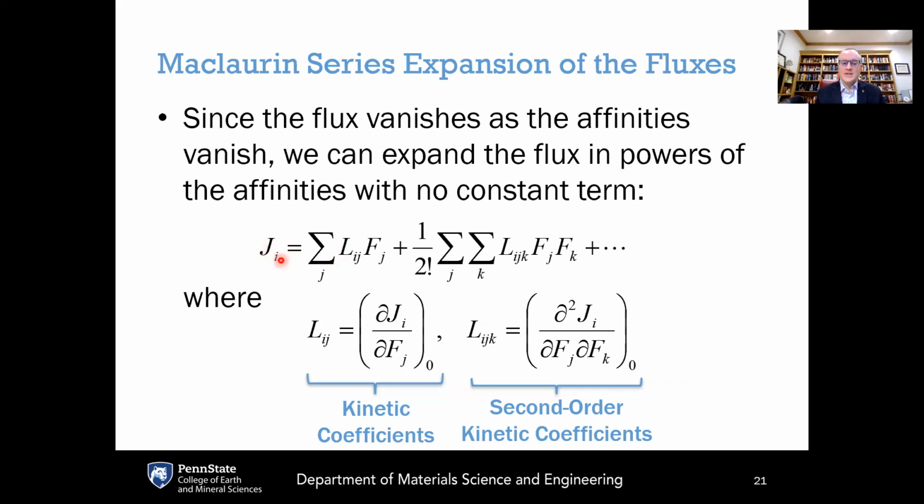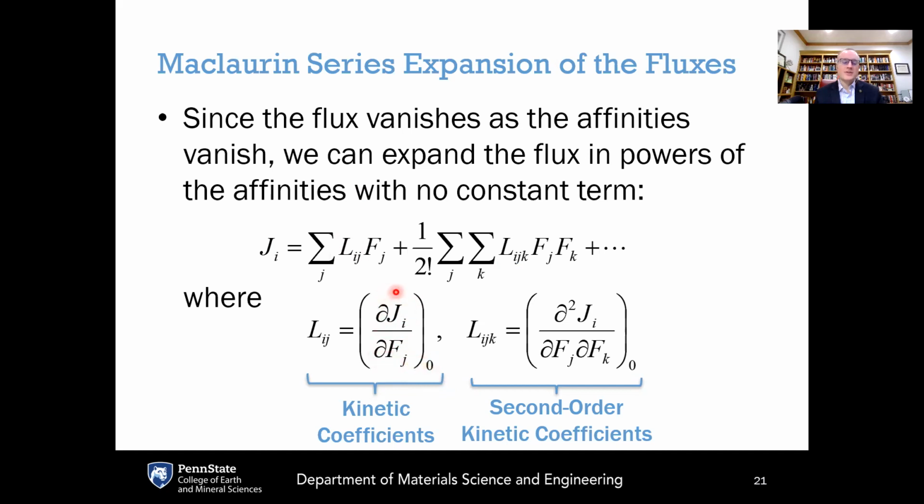So we've got J sub i, the flux of thermodynamic parameter I, and it could depend on either its own affinity I, as well as depend on the other affinities that are also acting in the system. So we sum up over all of those affinities, summing up over j, and the prefactors reflect both of those indices here. So it's L sub ij. These L sub ij's, you can see by definition, are the change of the flux of I with respect to changing the affinity of J, where we know that if the affinity is zero, the flux would also be zero.